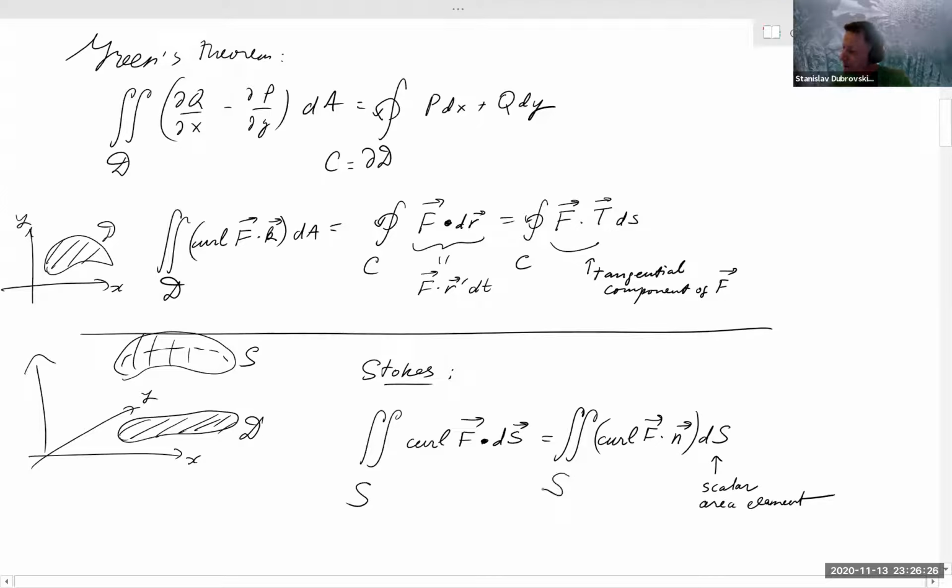So Stokes theorem will tell us that this double integral over the surface, or surface integral, should be exactly the same as if you calculated the work over the edge, over the boundary of this surface, F dr.